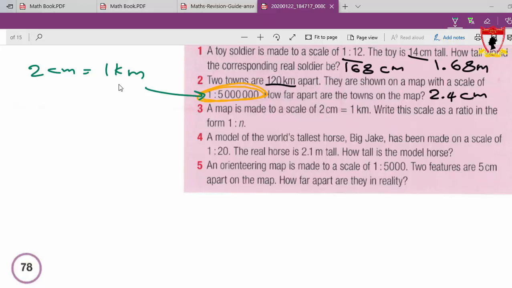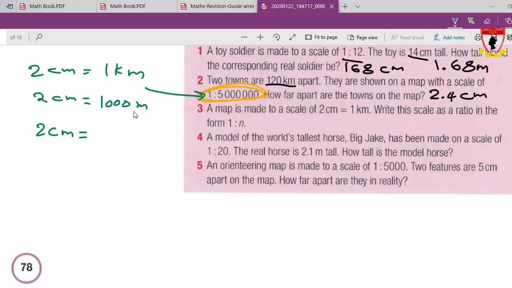Let's make the units the same. 1 kilometer, if we multiply it by 1,000, it will be 1,000 meters. And 1,000 meters, if we multiply it by 100, it will be centimeters. So 2 centimeters on the map represent 1,000 meters.